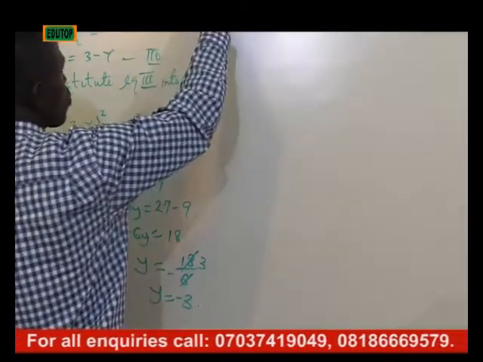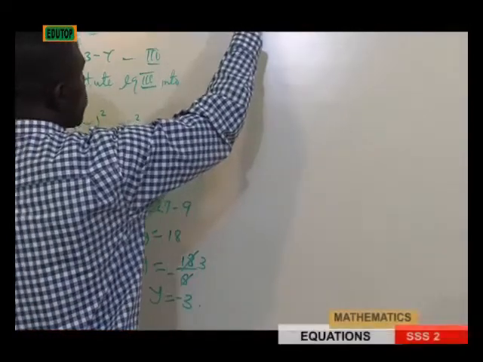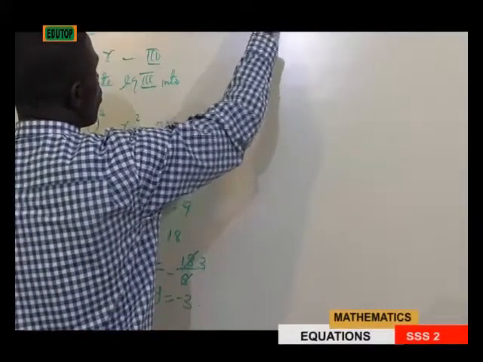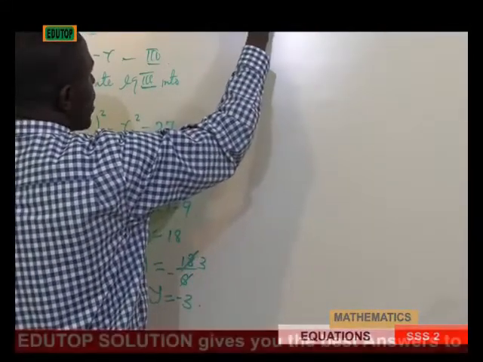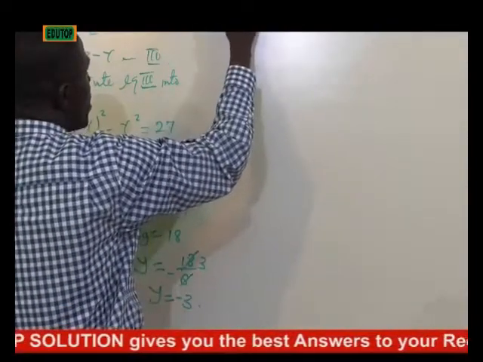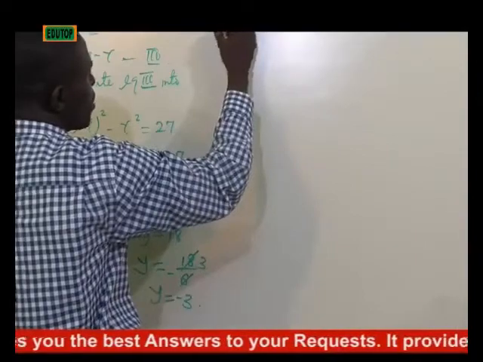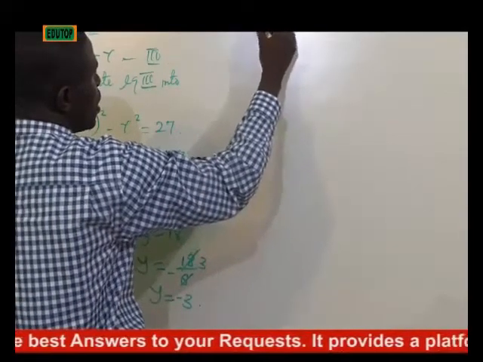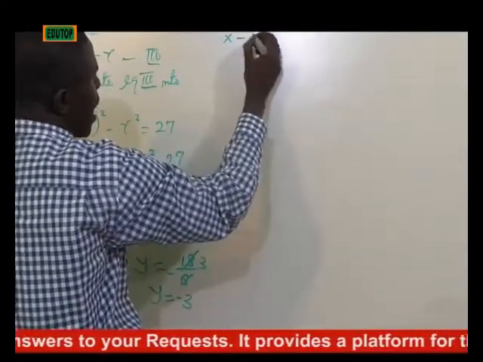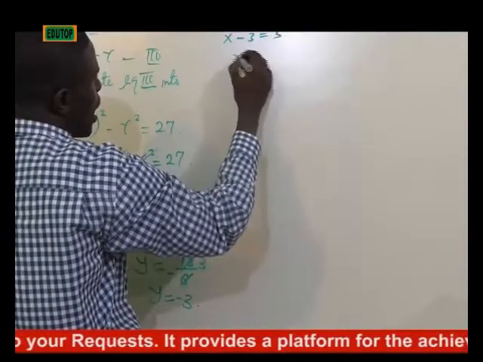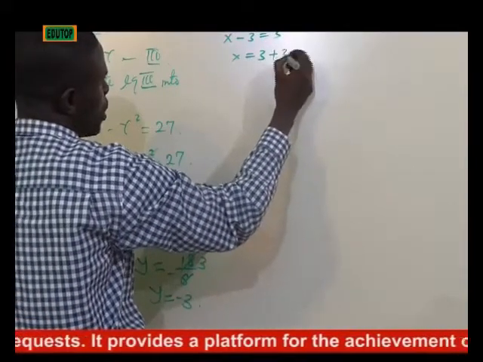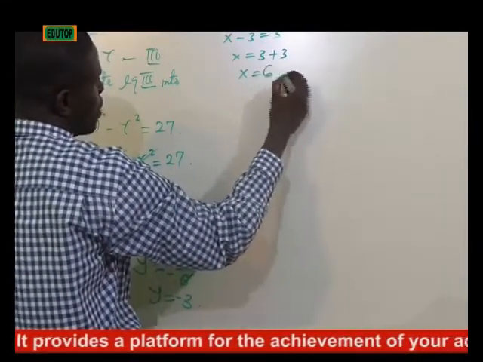Using equation 2 to calculate our x, which is x plus y equals 3. When y is equal to minus 3, automatically this becomes x plus minus 3 equals 3. That's x minus 3 equals 3. Then our x becomes 3 plus 3, and our x will now be 6.